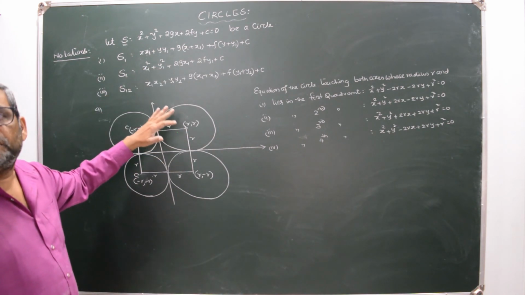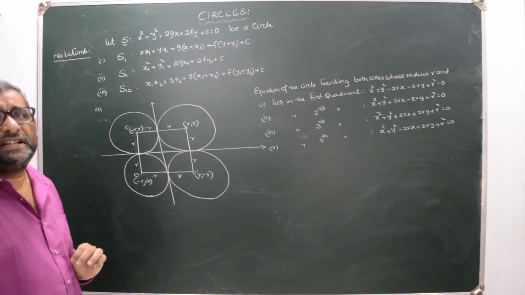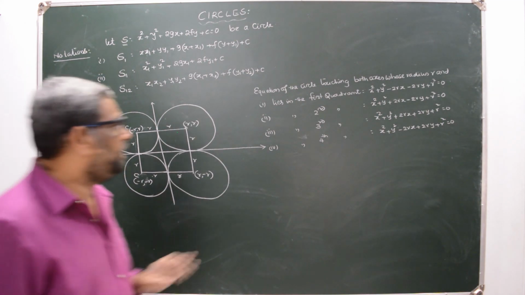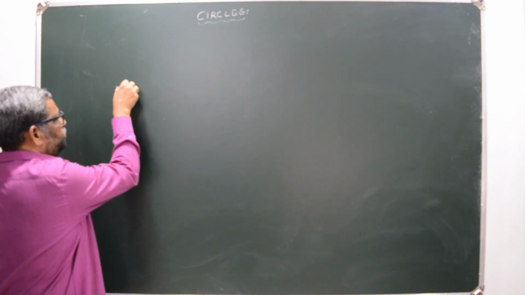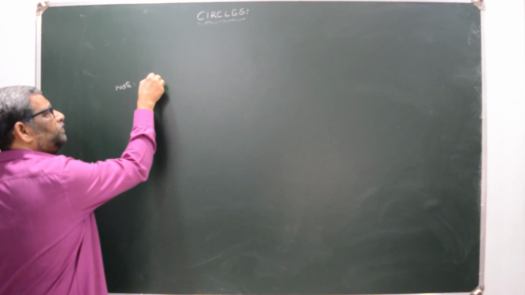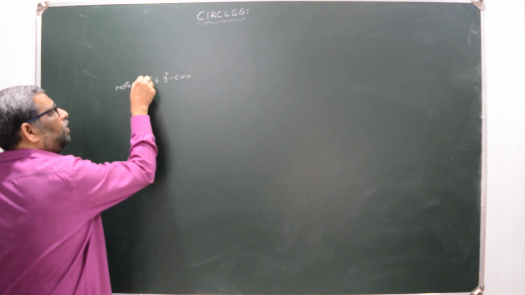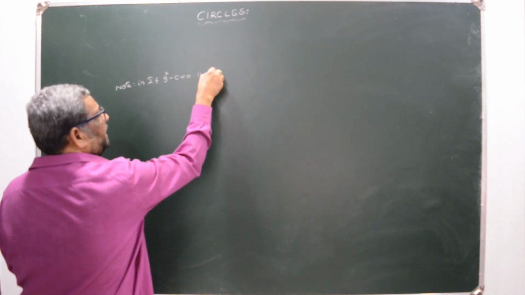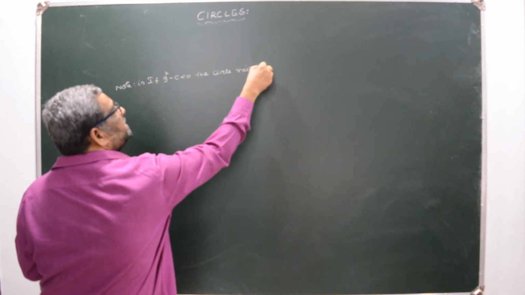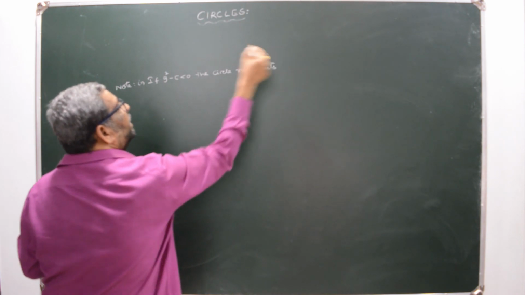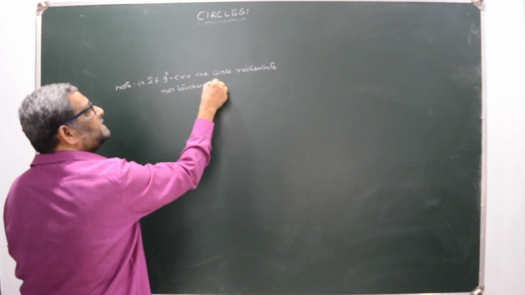These are the four circles which touch both the axes. Okay, so that is what the touching circles are. Note, if g square minus c is less than 0, the circle neither cuts nor touches the x-axis.